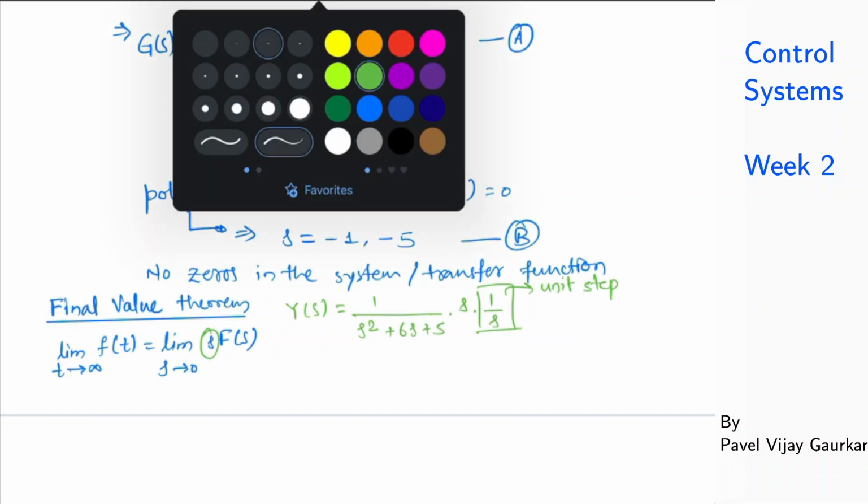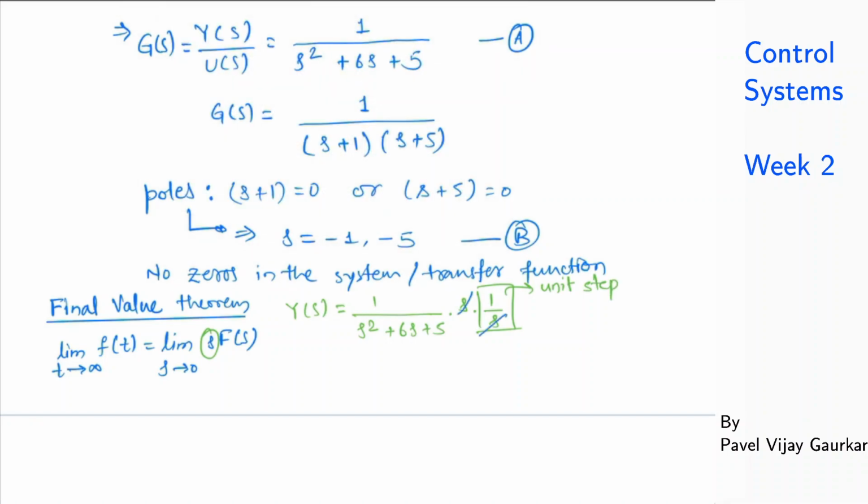So cancelling the s out, we can take the limit of the remaining expression. If we take the limit of s tending to 0, we can just put s equals 0 here. So it will be 0 plus 0 plus 5, that is 1 over 5.